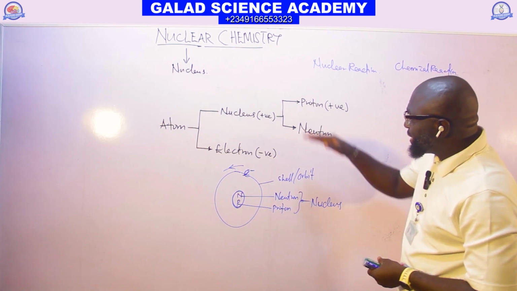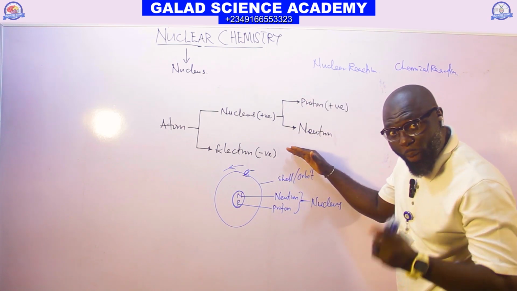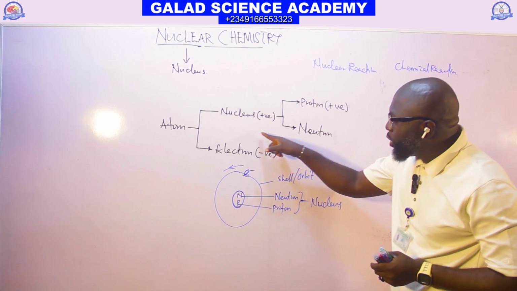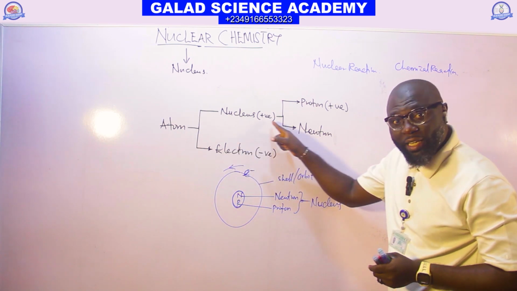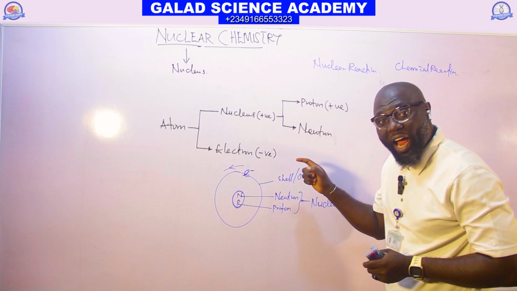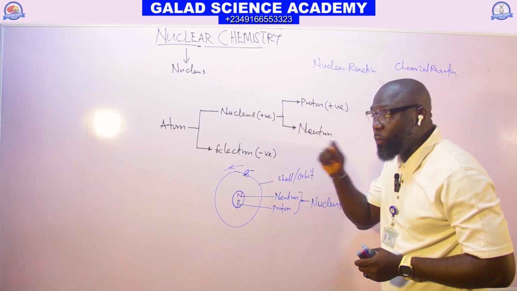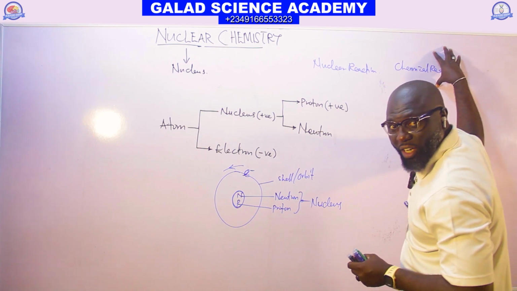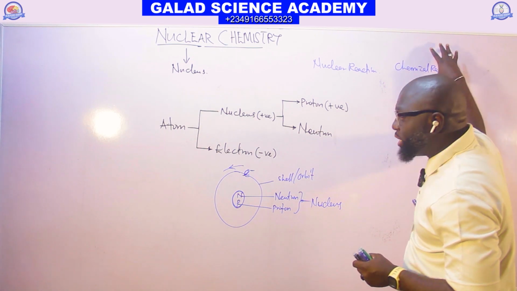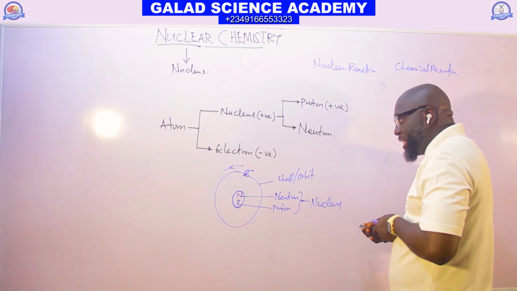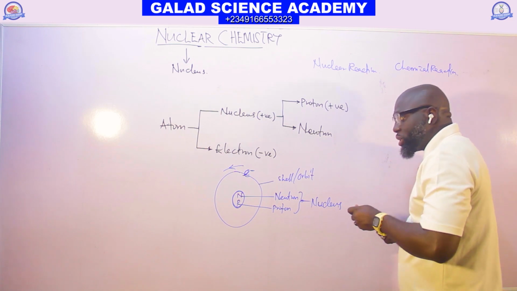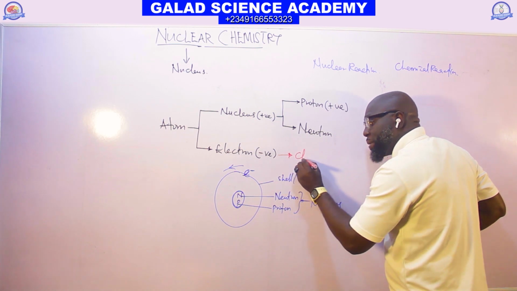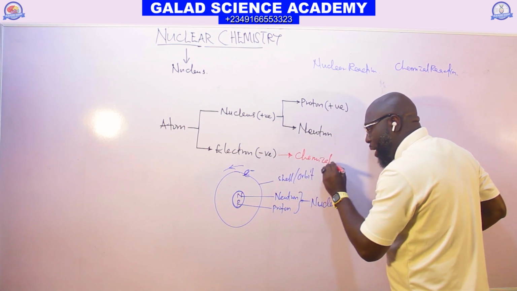These three atomic components we have in the atom. The majority of the reactions we are dealing with in chemistry are chemical reactions. In chemical reaction, it is only the electron that participates.